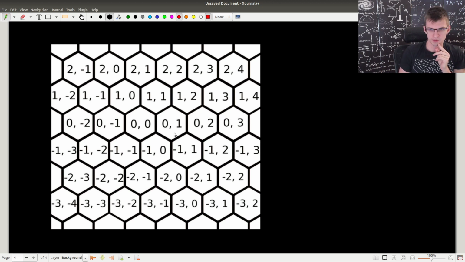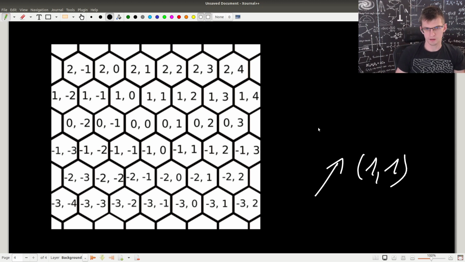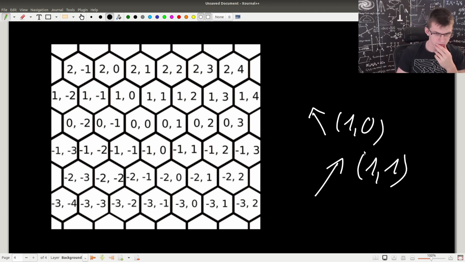What is the numbering? This increases just to the right. Then this increases by +1, +1. And this increases by just 1, 0. Yep.